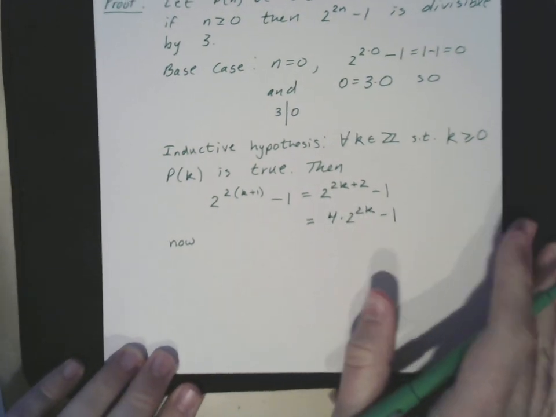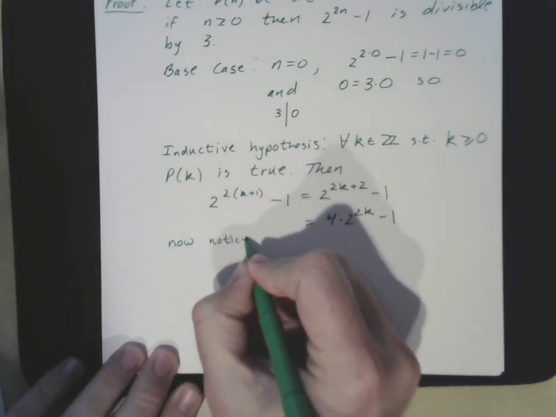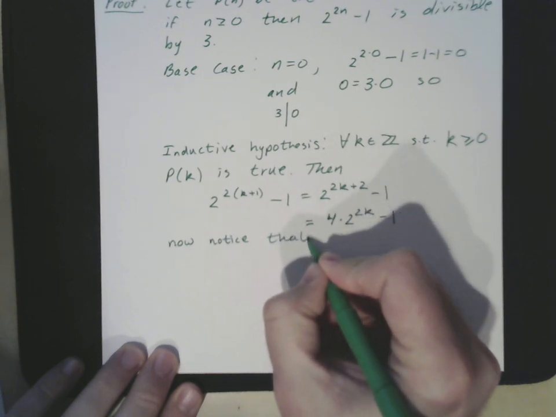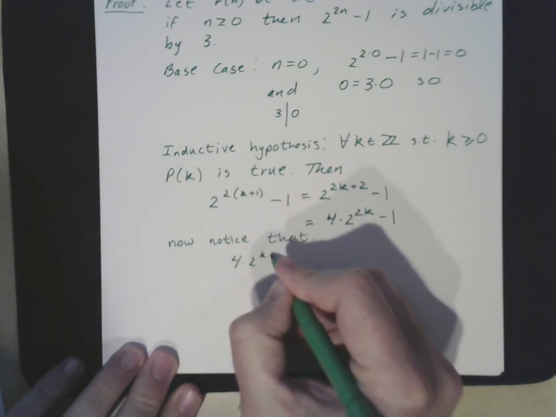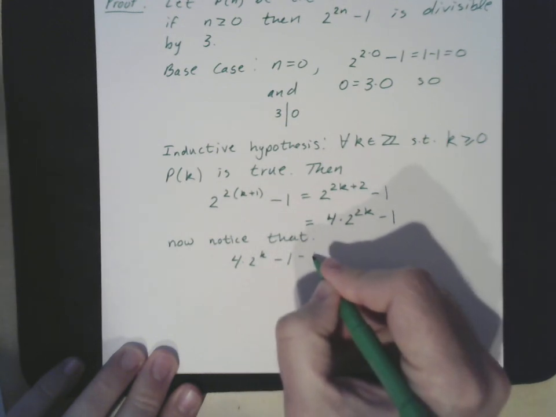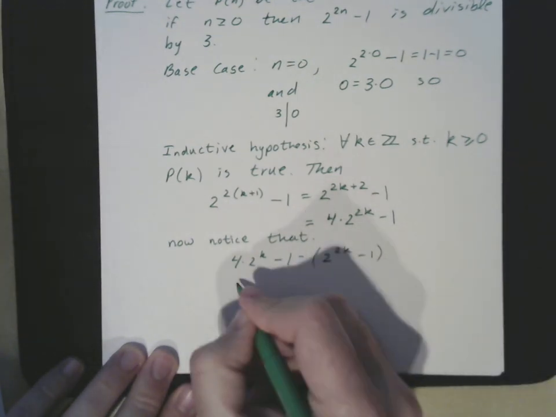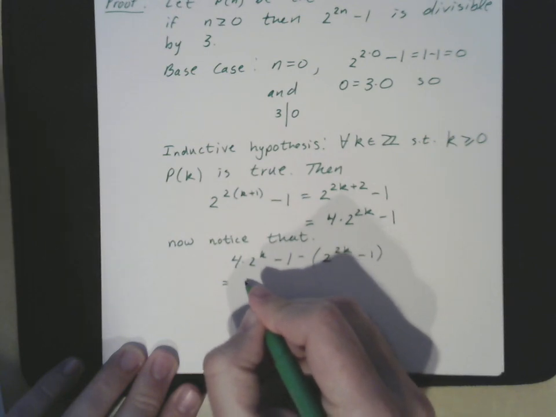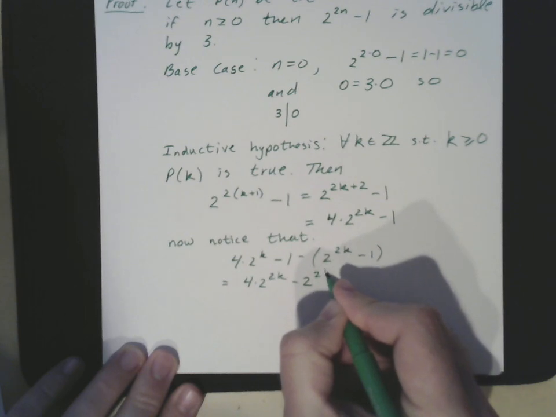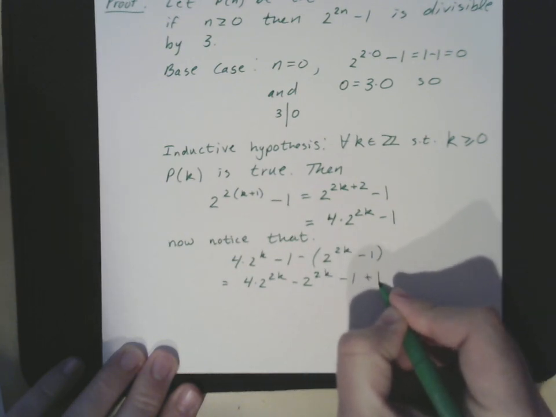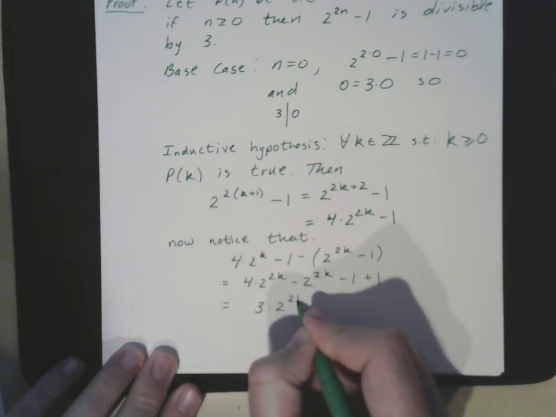So I like to say, now notice in my proofs that 4 times 2 to the 2k minus 1 minus 2 to the 2k minus 1 equals 4 times 2 to the 2k minus 2 to the 2k minus 1 plus 1, and this equals 3 times 2 to the 2k.